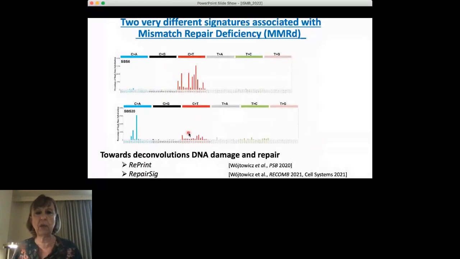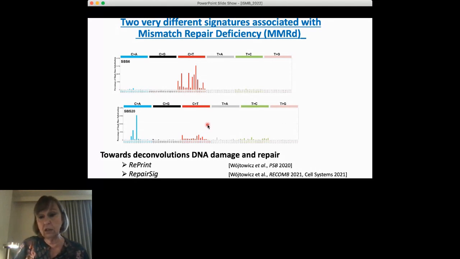So, for example, here we have two mutational signatures that are very different that are associated with mismatch repair. Why? Our current understanding is that although mismatch repair deficiency is common for those patients, the causative mutational processes, the primary damage processes, are different.